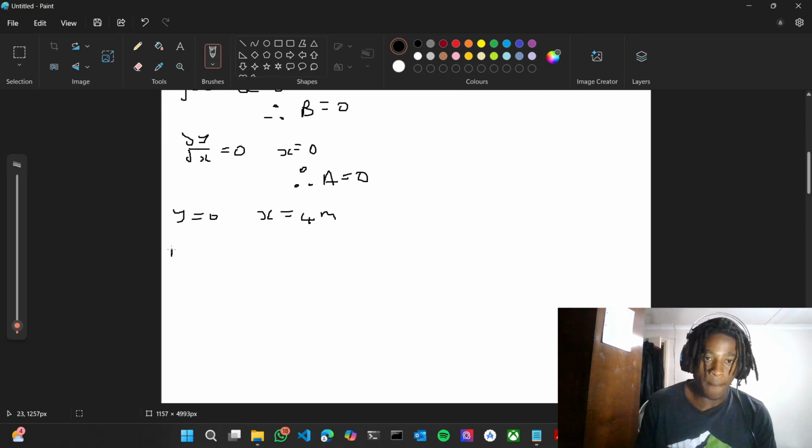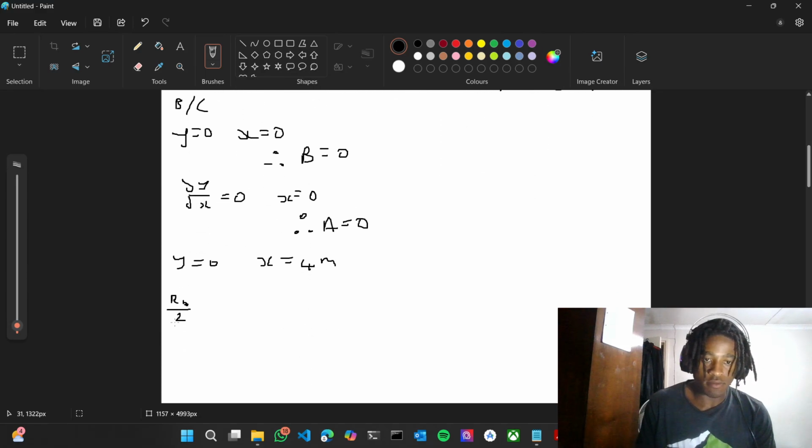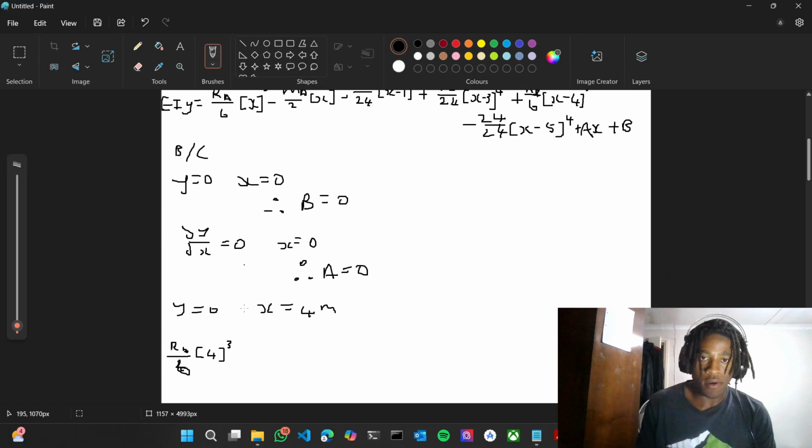So RA over 6, RA over 6 divided by 4, and that's to the third power, minus MA over 2 times 4 squared. Yeah, so I'm just going to input everything here.